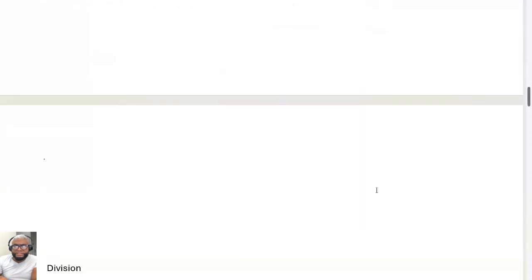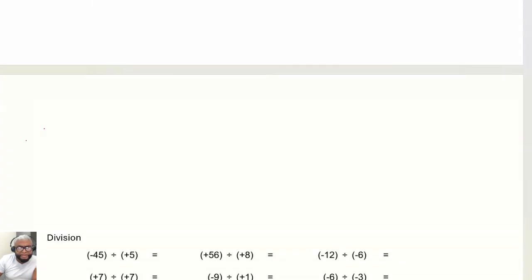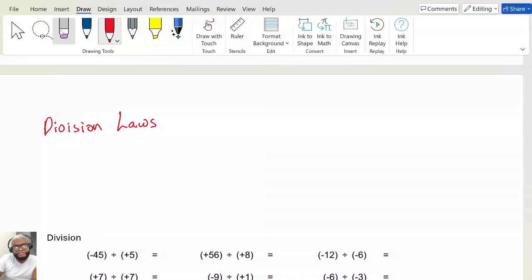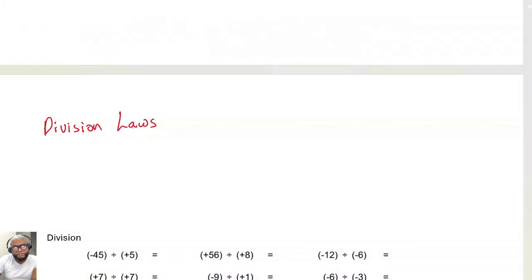So let's write down these laws of division, right? Division laws. I'm just going to write like how I write the snippets above, where I had a positive divided by a positive would give you a positive.